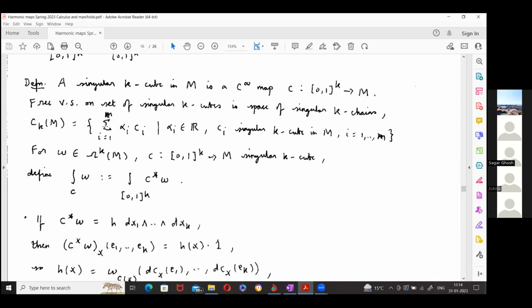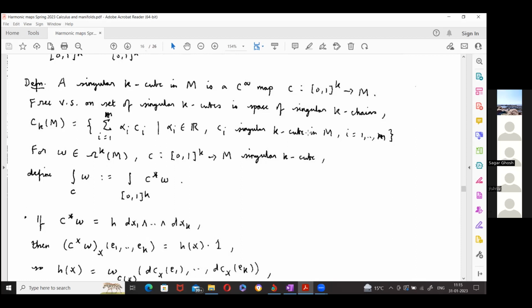So these are finite formal sums, summation alpha i ci, where the alpha i's are real numbers and the ci's are singular K cubes. Just like in homology, where you have singular simplices in your manifold and K chains are formal sums of singular simplices, similarly, instead of singular simplices, we're looking at singular cubes.